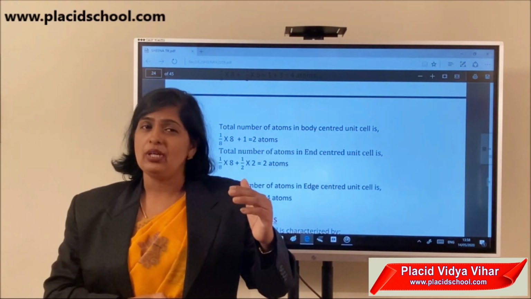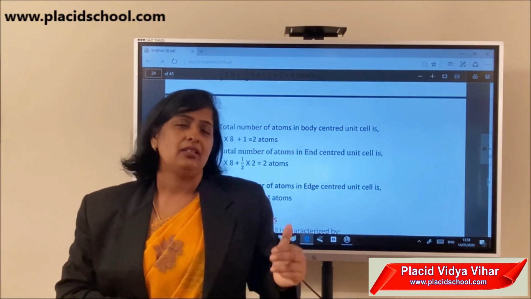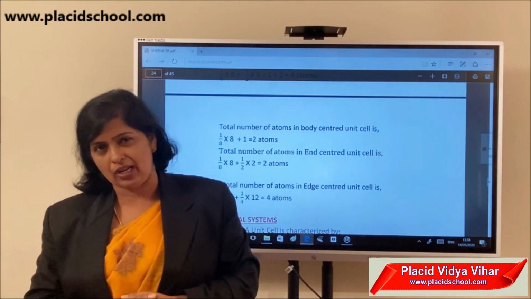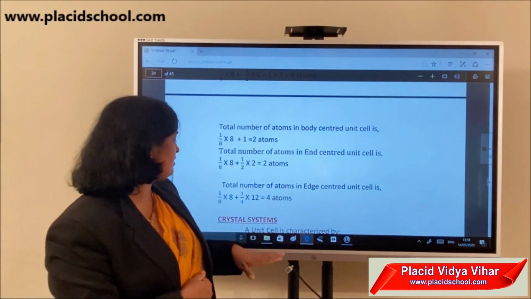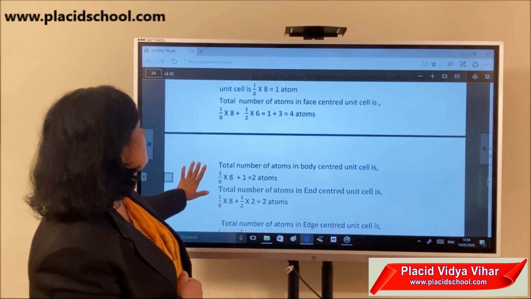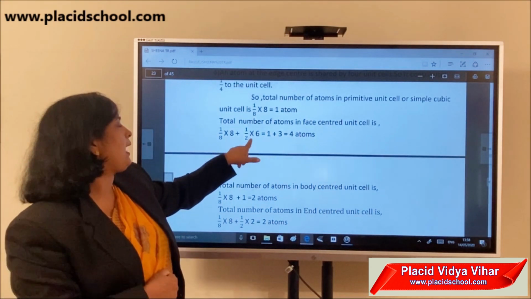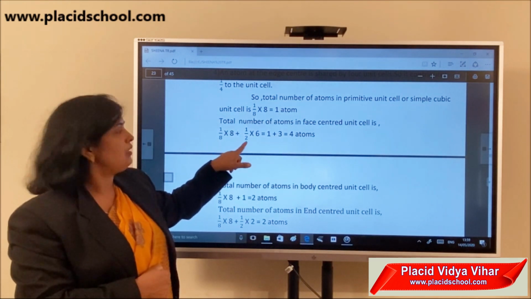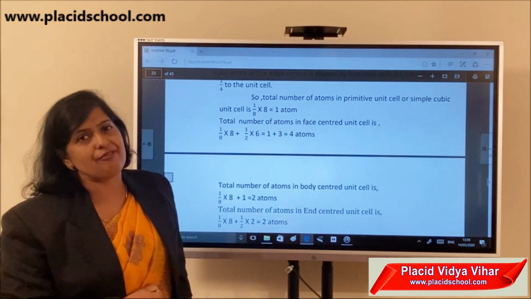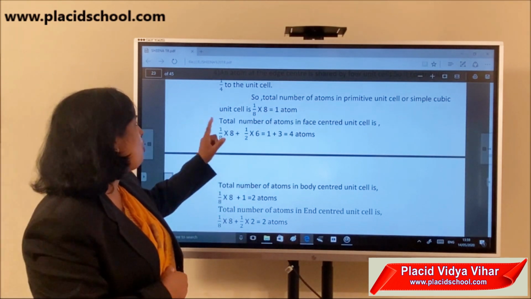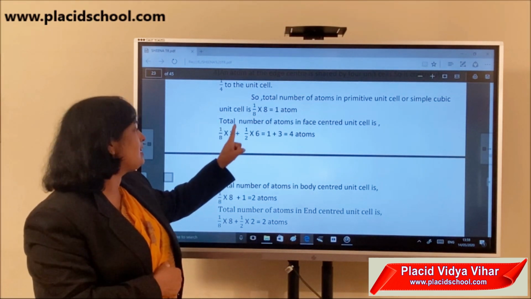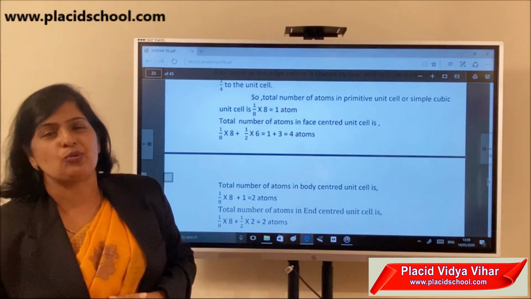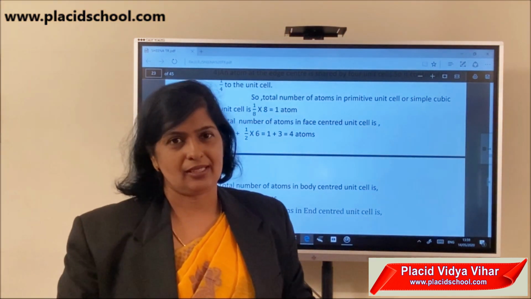And you know, for a particle at the corner, the contribution is 1/8 into 8, which is equal to 1. And there are 6 faces in a face-centered unit cell, and the contribution of each particle is 1/2. So, total number of atoms in face-centered unit cell is 1/8 into 8 plus 1/2 into 6, which is equal to 1 plus 3 equal to 4 atoms.